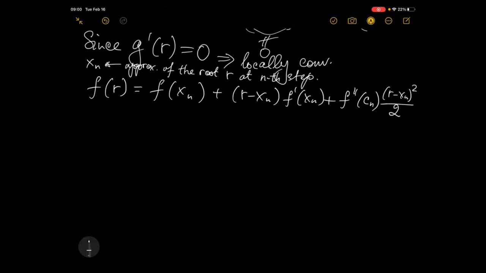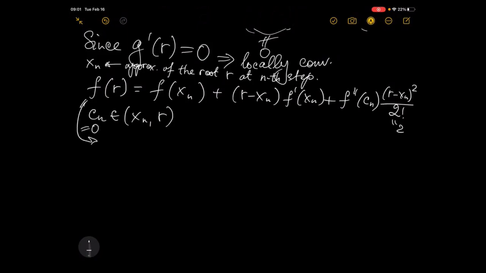To factorial, which is equal to 2, right? And cn belongs just to the interval between xn and r. Because r is the root, so this has to be equal to 0, right?